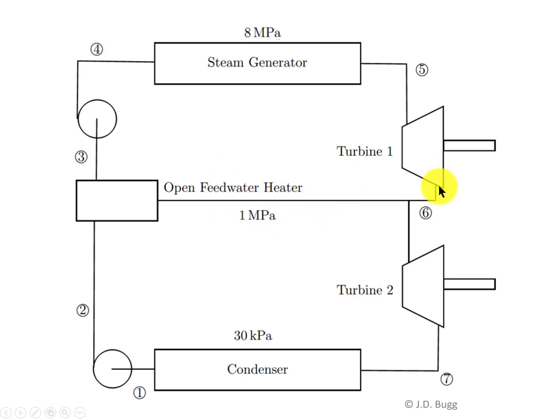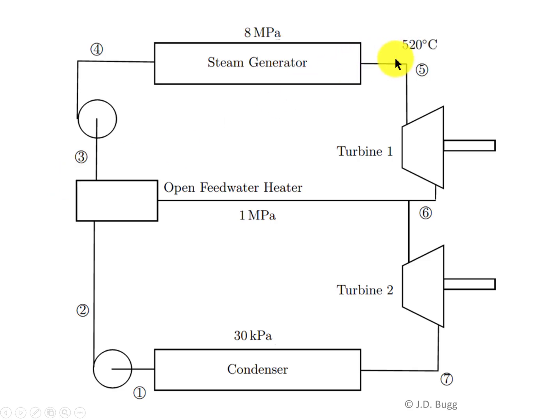So that means the exit of turbine 1 is 1 megapascal, the inlet of turbine 2 is 1 megapascal. Likewise over here, the exit of the first pump is 1 megapascal, and the inlet to the second pump is 1 megapascal. So all of that is operating at 1 megapascal in this example.